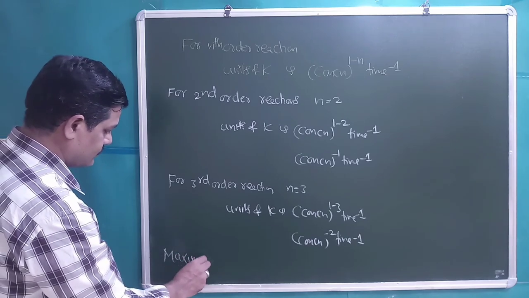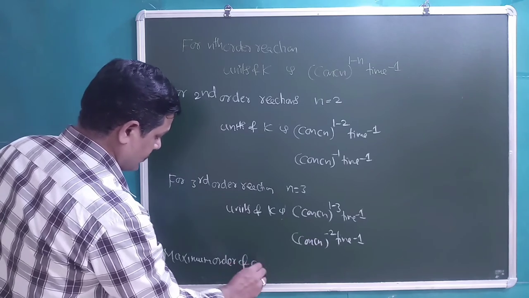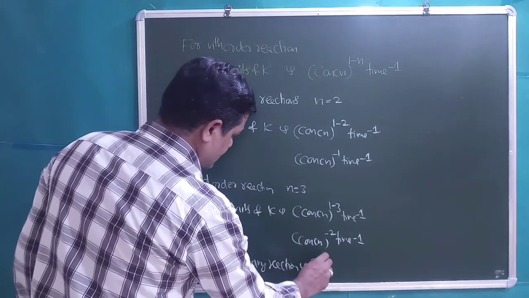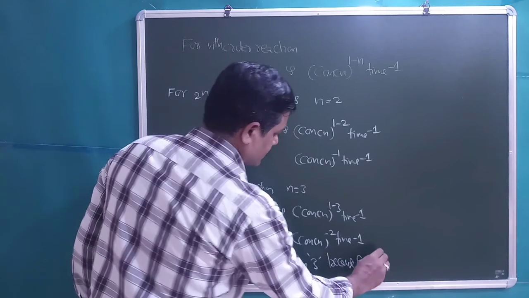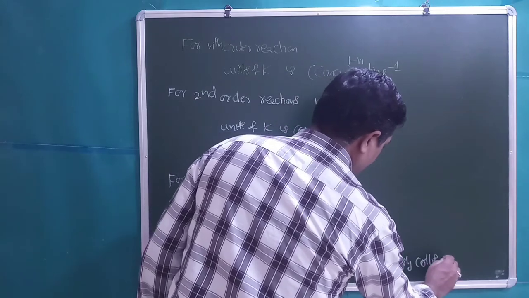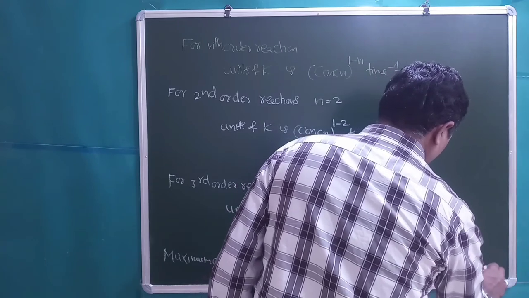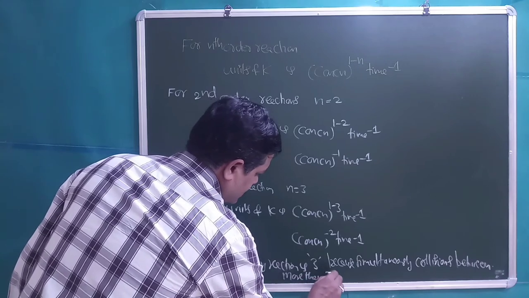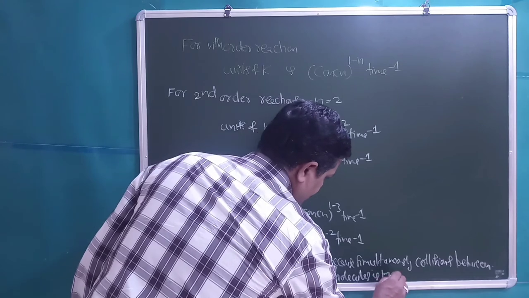The maximum order of any reaction is 3 because simultaneous collisions between more than 3 molecules are impossible.